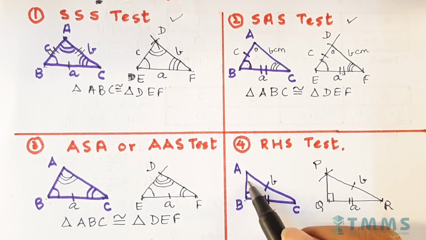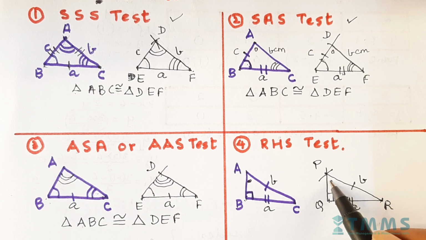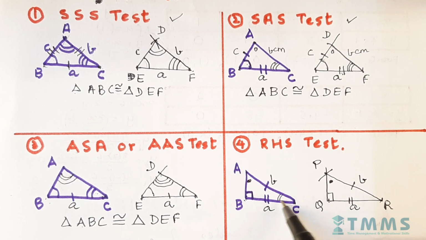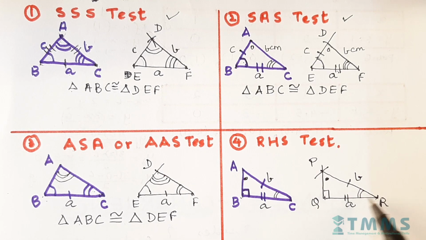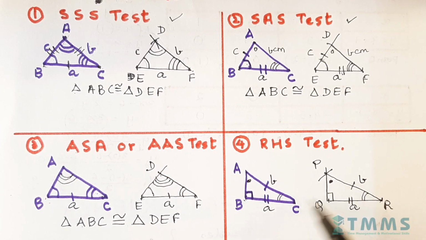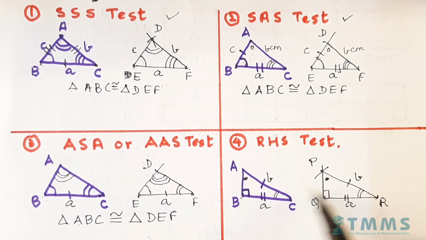If we take angle A, that will be equal to angle P. And if we take angle C, that will be equal to angle R. So if we cut this out and place it on top of this, exactly it will be fitting on top of this triangle, which means what? Both of them are congruent. Both of them have the same size, same shape, and both of them have the same measures.